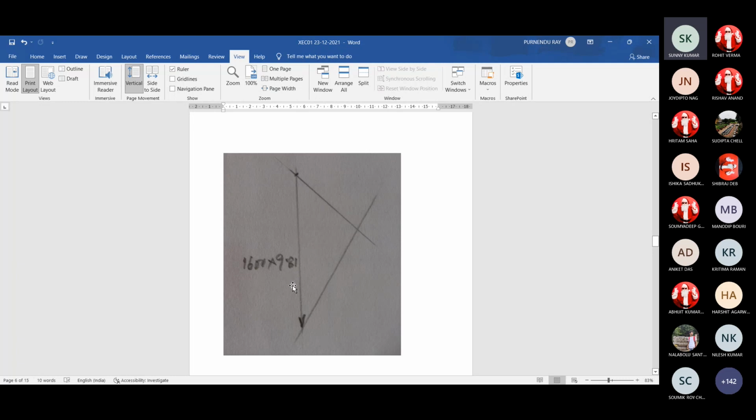And so many things. Now can you tell me what is the value of pi? 3.14. 22 by 7. Now how do you know this thing? Sir, by drawing a 1 centimeter diameter circle and finding the circumference. Yes, sir. Now how do you know the value of pi? Read in books.